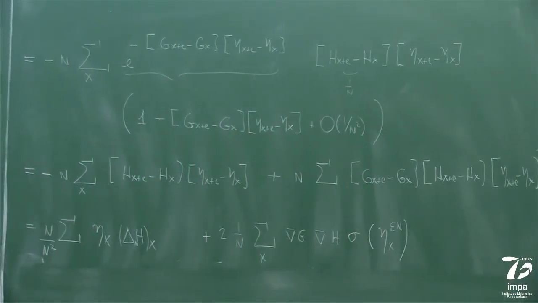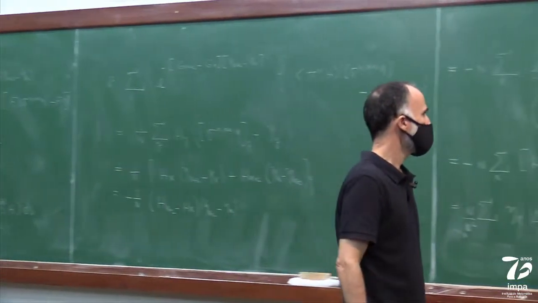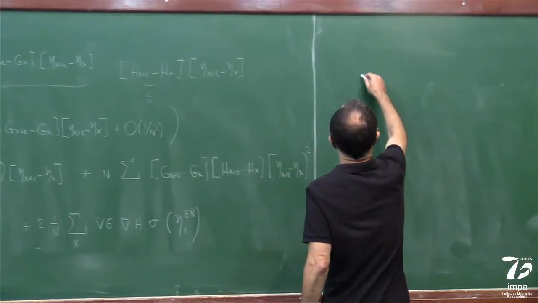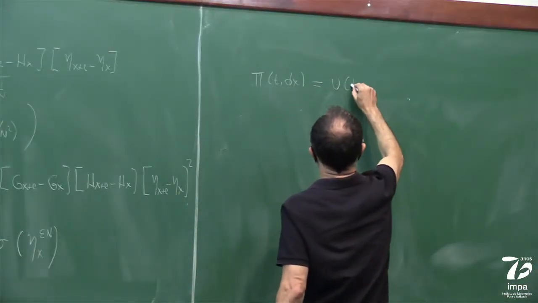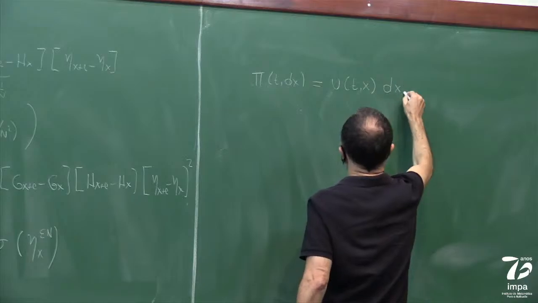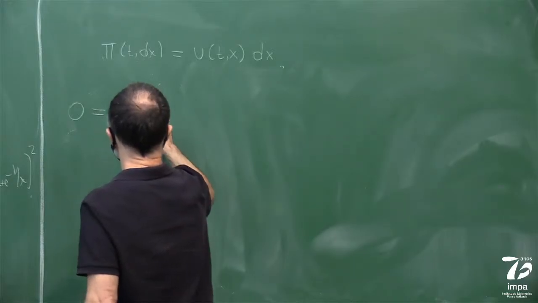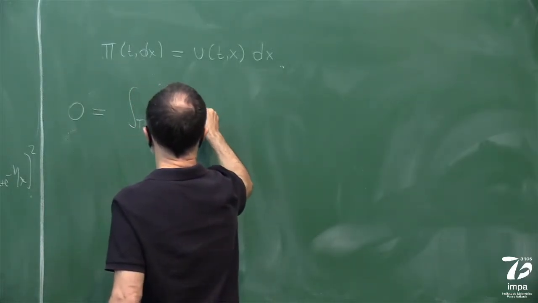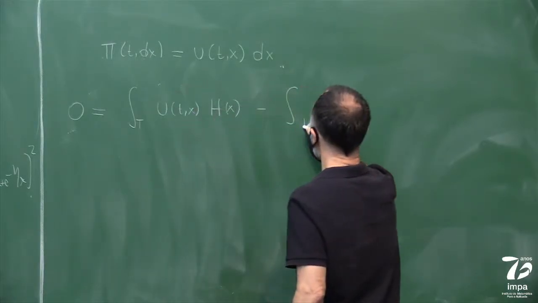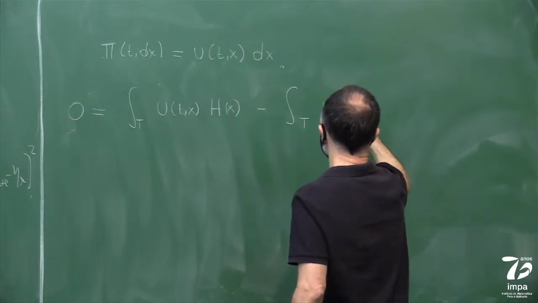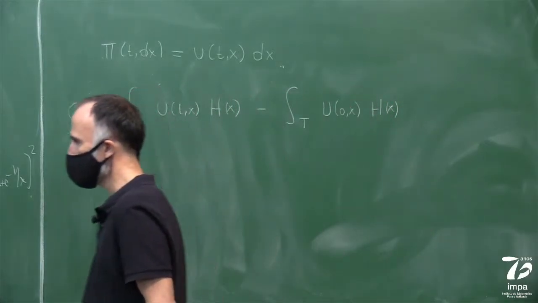So this is what we get, and therefore, if I come back to the martingale, the martingale converges to 0. So this tells me that, if I remember that pi in the limit is absolutely continuous, and I represent by u its density, what I get is that 0 is equal to the integral on the torus of u t x h x minus the integral on the torus of u 0 x h x, and now minus this quantity.